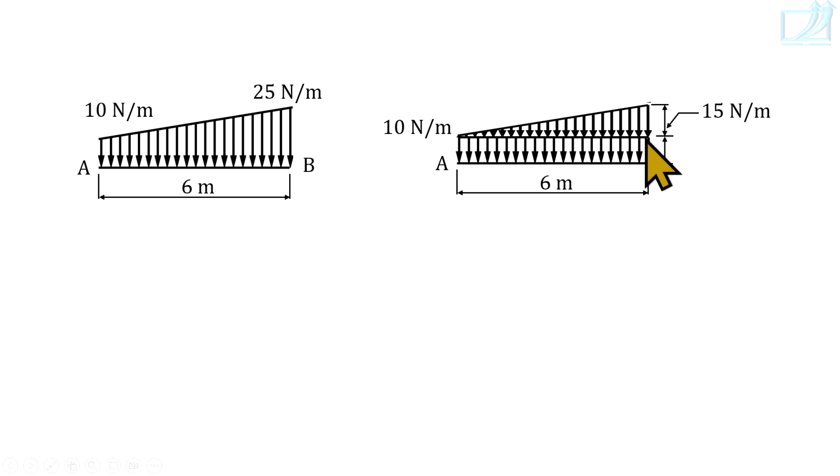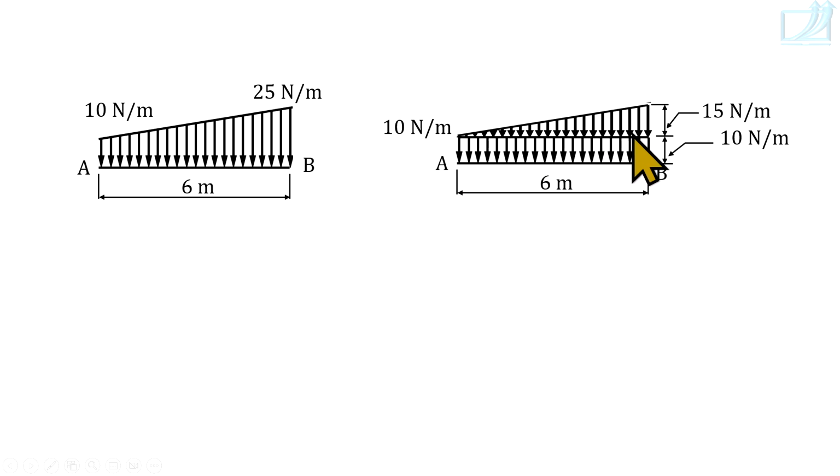15 Newton per meter for the maximum intensity of the triangular load and 10 Newton per meter, that is uniform distribution, for the rectangular load. So this is how we imagine the given trapezoidal load or given uniformly varying load as a combination of a rectangular load and a triangular load. And now you replace this force by a point force one by one.